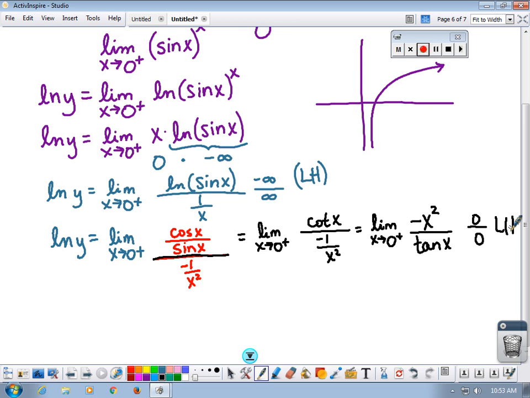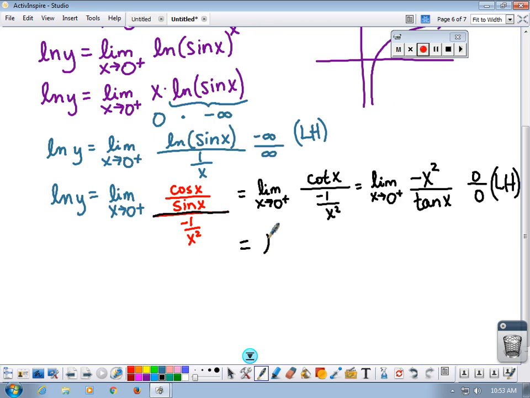So let's use L'Hopital's again and see if we can get somewhere. Now remember, this is still equal to ln y on the left side. I just haven't brought that down. Alright, so the derivative of negative x squared is negative 2x. Derivative of tangent is secant squared of x. So let's see if we can plug in 0 now.